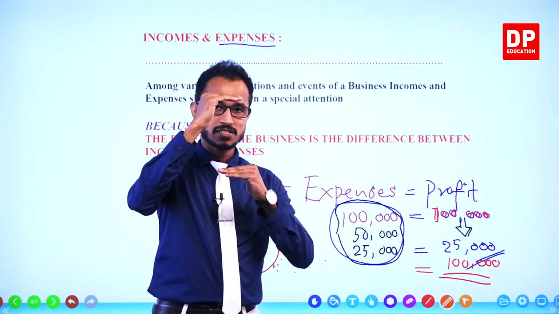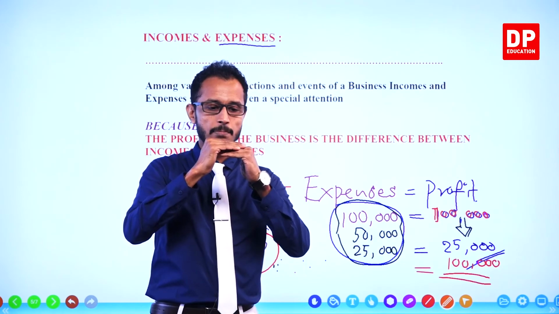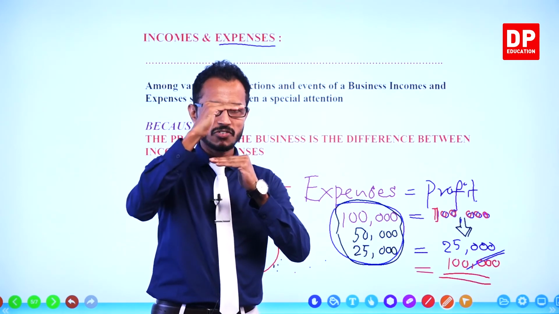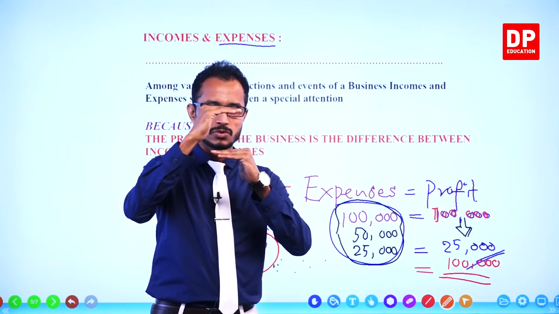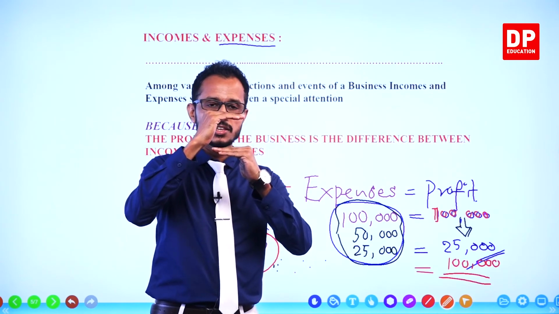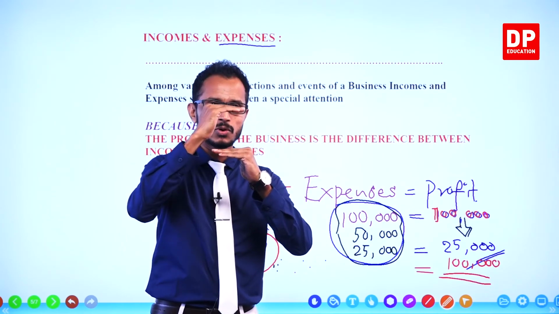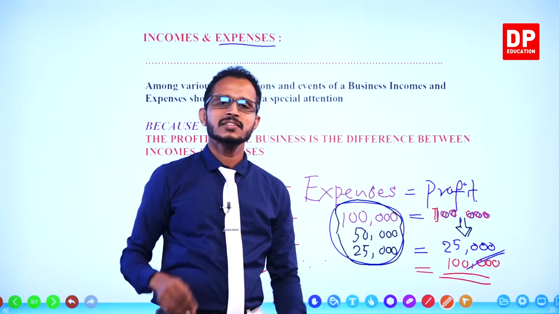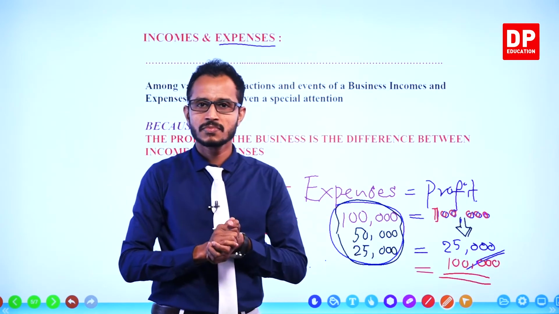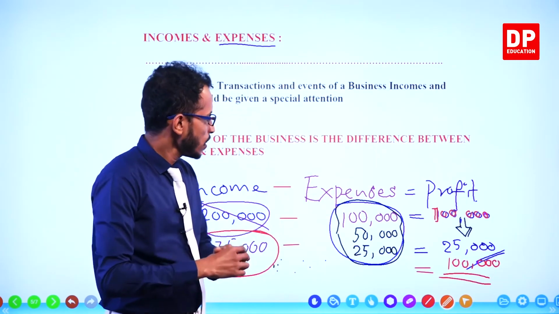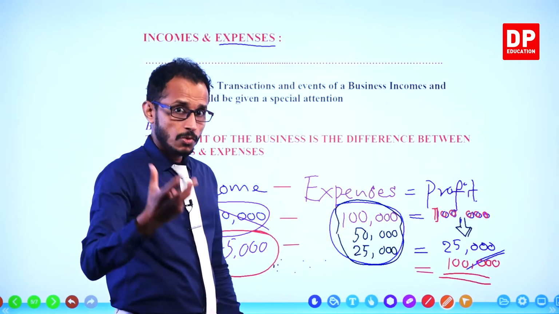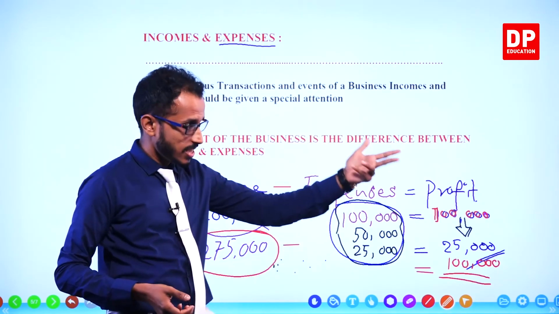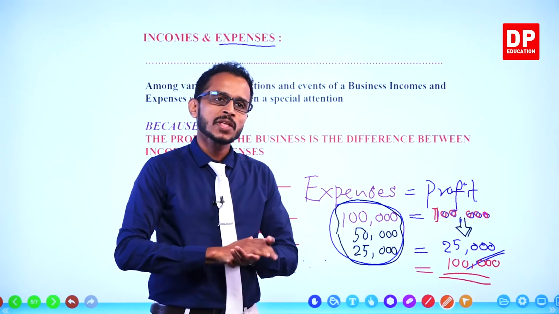If the gap between my hands is the profit, to increase the profit, either you increase the income or you decrease the expenses. You're going to learn further about incomes and expenses in the next lesson, children.